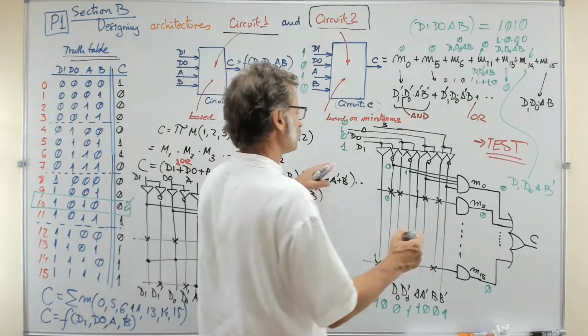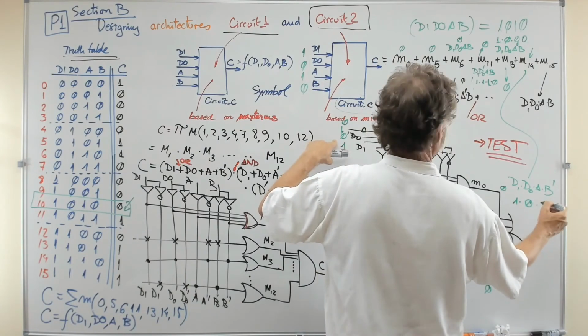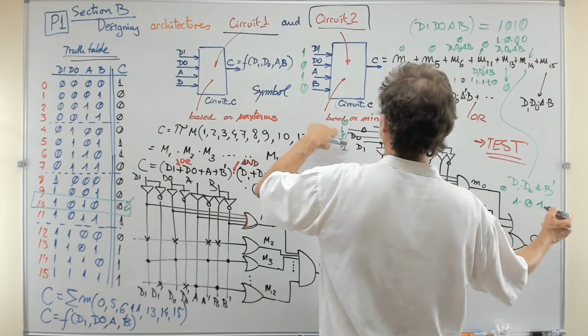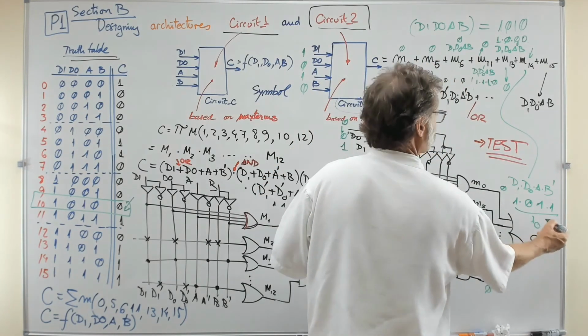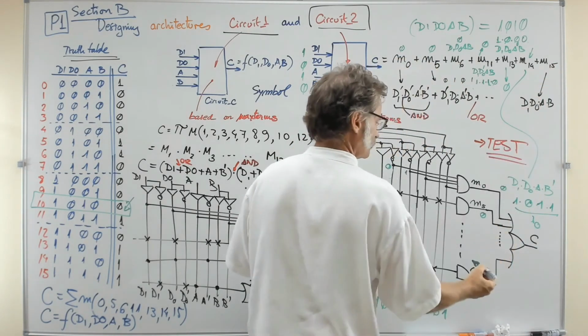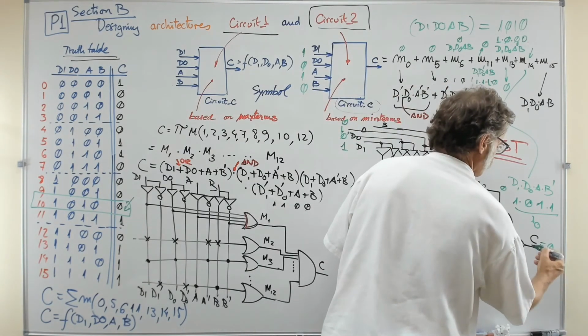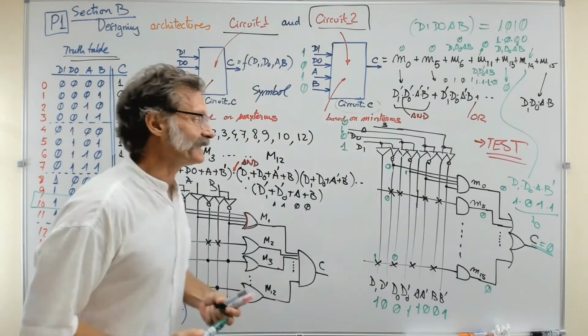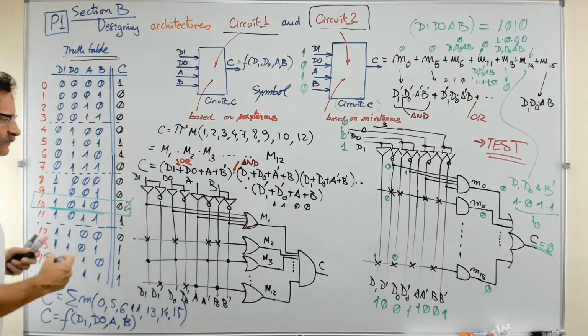So now you are inputting here 1 and 0 and 1 and 0 naught, which is a 1. But in the end, you've got a 0 as well for that term. So you see, C is 0. So that is what you are trying to test here. You see, you are trying to test that when you are inputting the number 10, you get a 0.